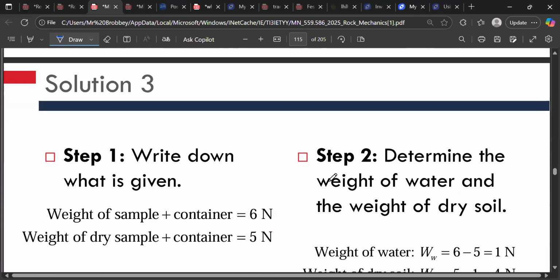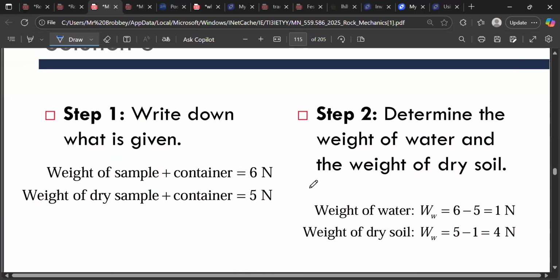So the first one, like I said, write down the given parameters, right? So the weight of the sample and the container is 6 newtons. Weight of the dry sample plus container is 5 newtons. Now, determine the weight of the water and the weight of the dry. Now, the weight of the water is 1 newton.